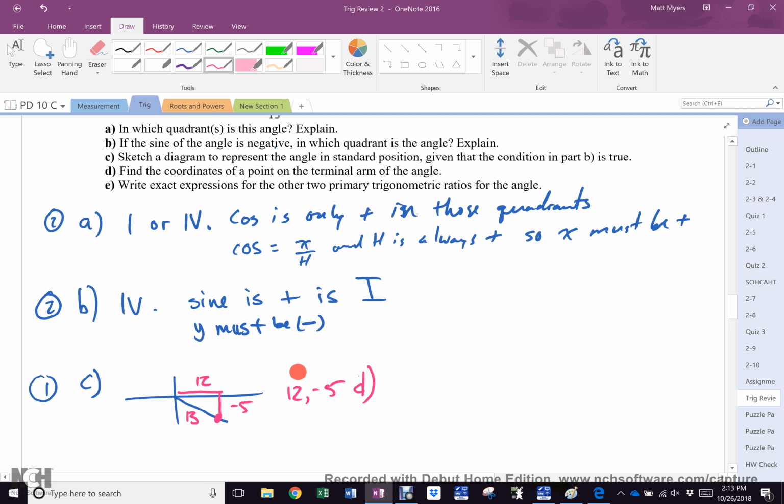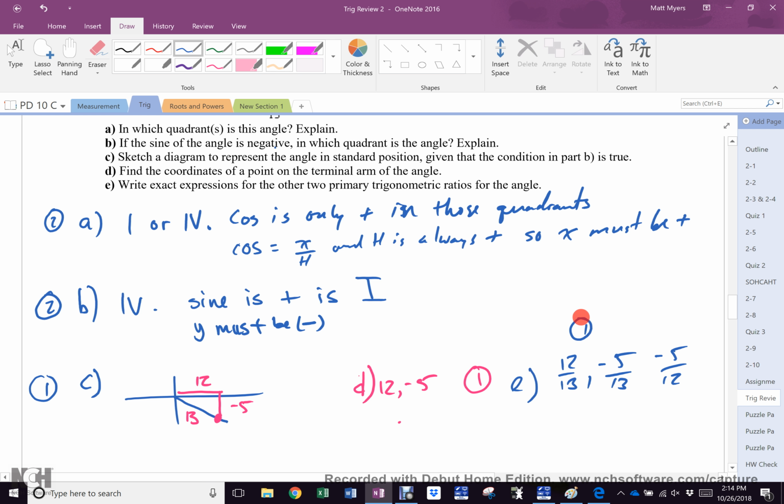For 1 mark. And E, write exact expressions for the other 2. You've got them all right here, right? We know it's 12/13. We know it's -5/13. And we know it is -5/12.